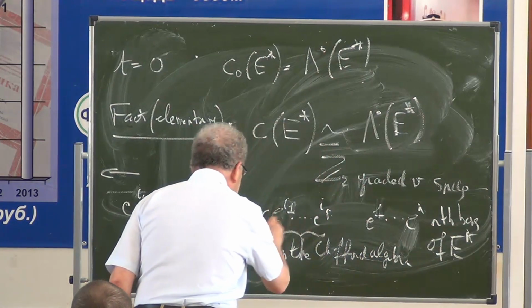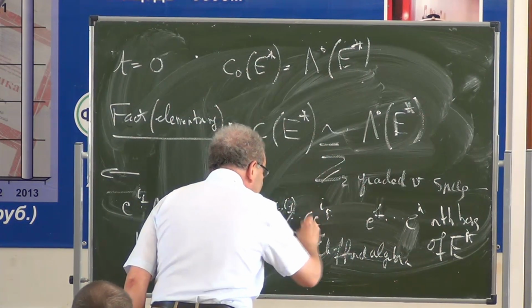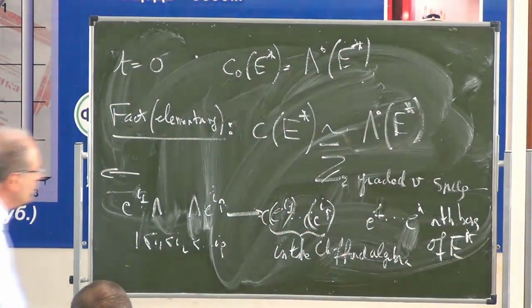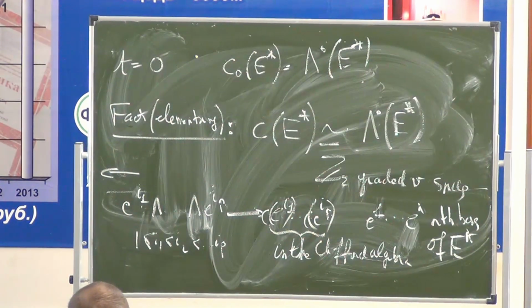For clarity I write c(e_{i1}) ... c(e_{ip}) to denote that I view these elements as elements in the Clifford algebra.